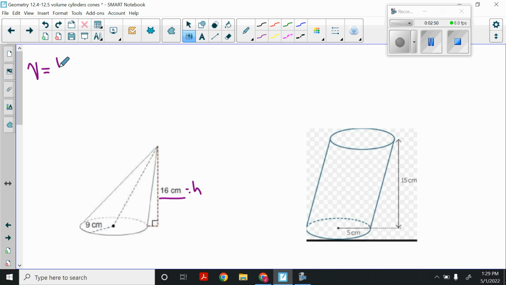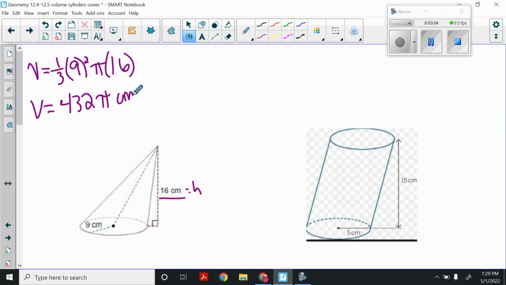So the volume is 1/3 my radius squared, so 9 squared, times pi times my height, which is 16. So I can multiply through everything except pi and get 432 pi cubic centimeters, or multiply that times pi and get 1,357.2 cubic centimeters.